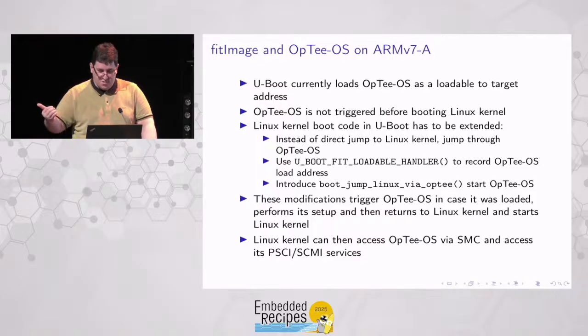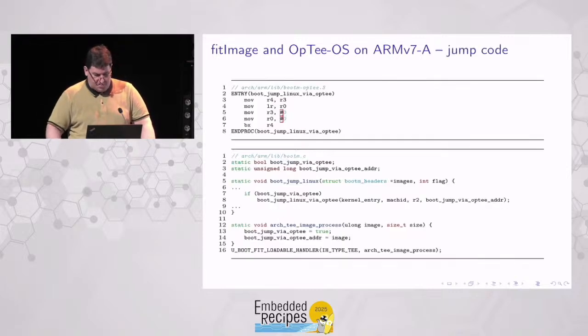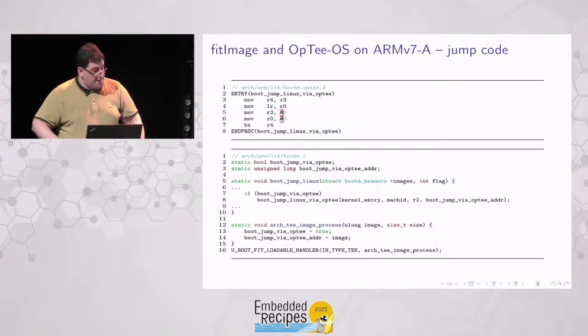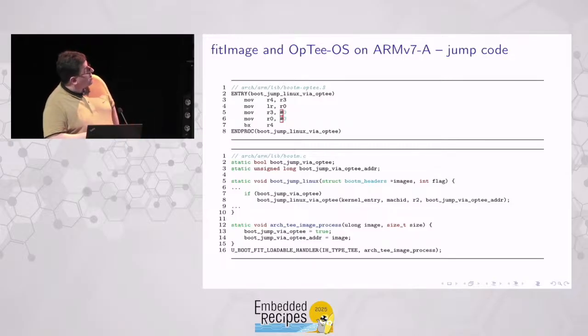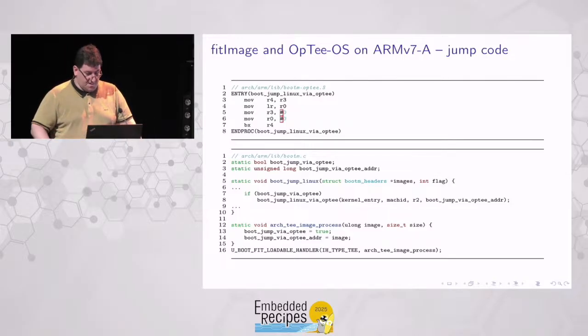When booting the Linux kernel, I had to add a little bit of glue code that instead of directly jumping to the Linux kernel, would set up these 4 registers needed for OP-TEE, the link register, and jump through the OP-TEE to the Linux kernel. Yeah, patches are posted. The jump handler is completely banal. It's just a little piece of assembler code.